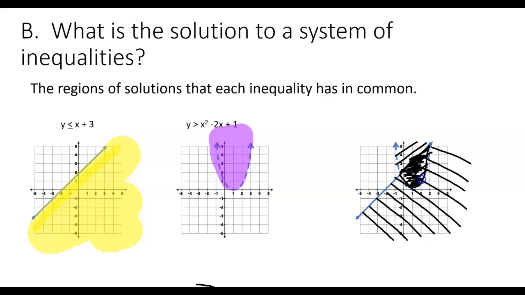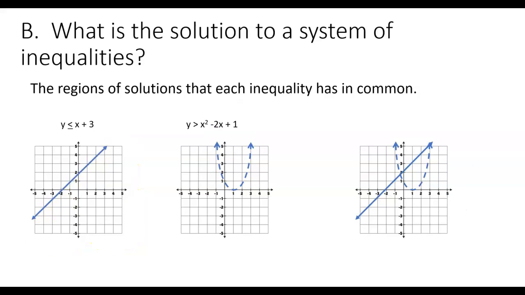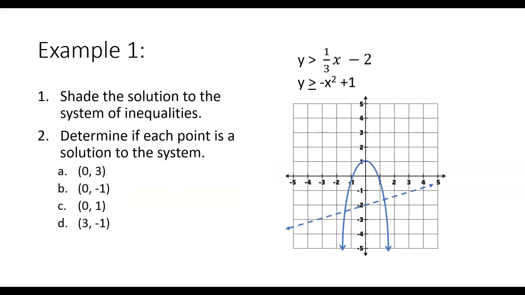These are the points that are shaded for both functions, and those are the points that would work. So that's how we're going to describe all the points that they have in common, by basically doing what we did yesterday twice on the same graph and finding out where those areas overlap. That's pretty much the idea. All right.